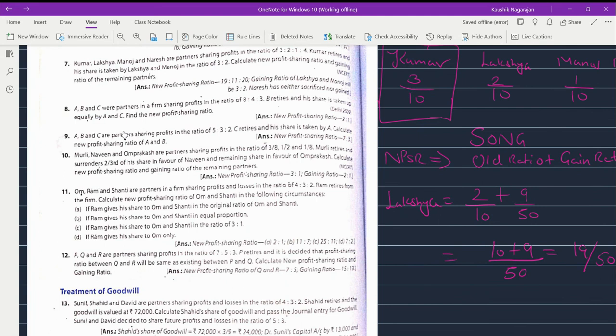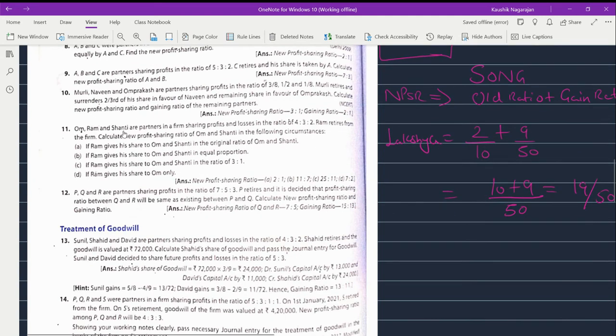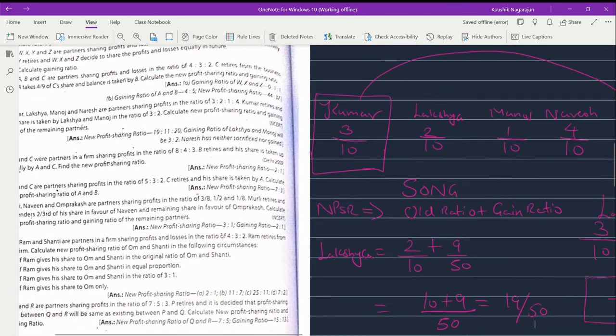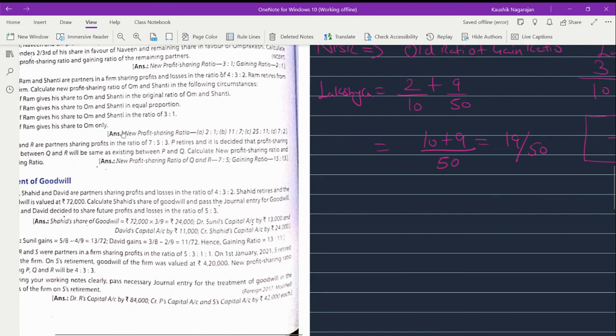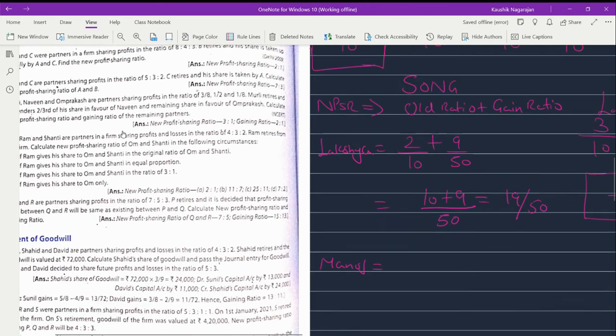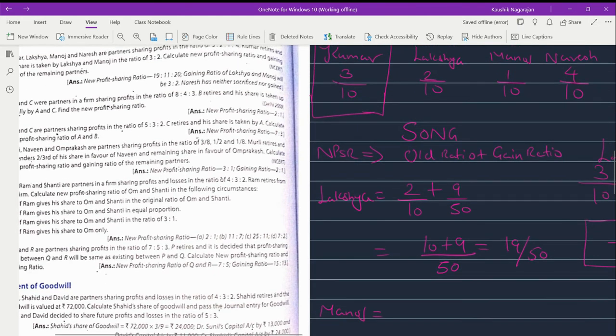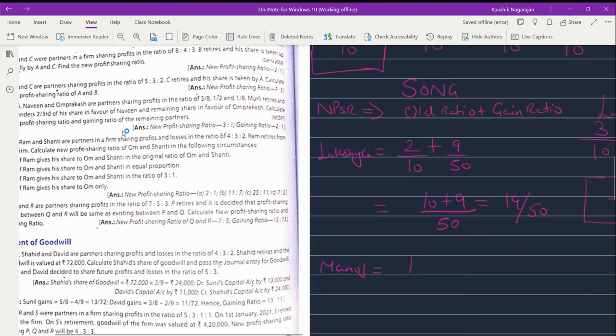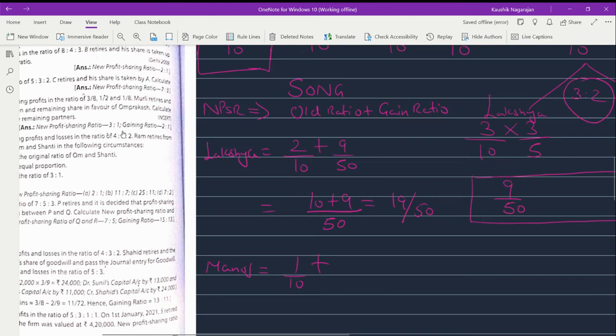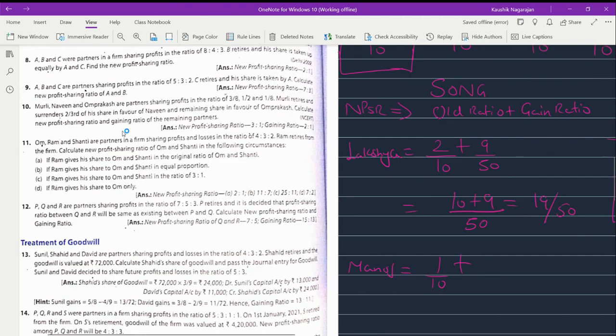Coming to the second partner, the second partner in this problem is Manoj. So for Manoj, do the calculation. The old ratio of Manoj given in the question is 1 by 10, plus the gain for Manoj. What is the gain? 6 by 50.